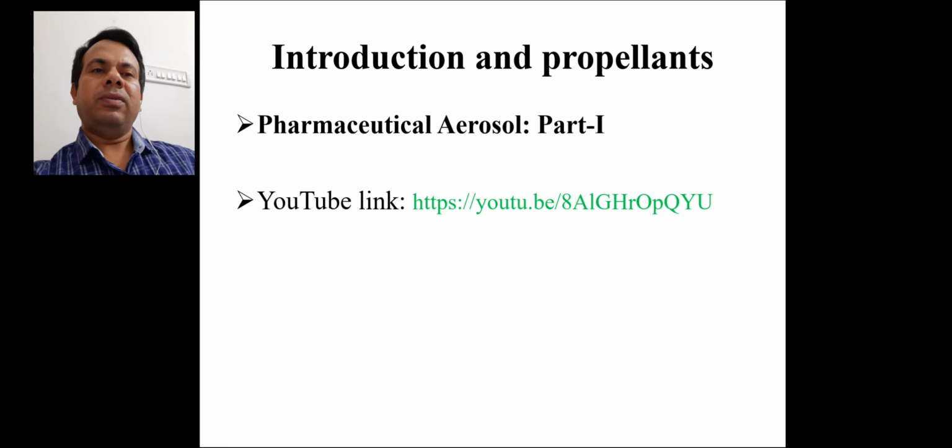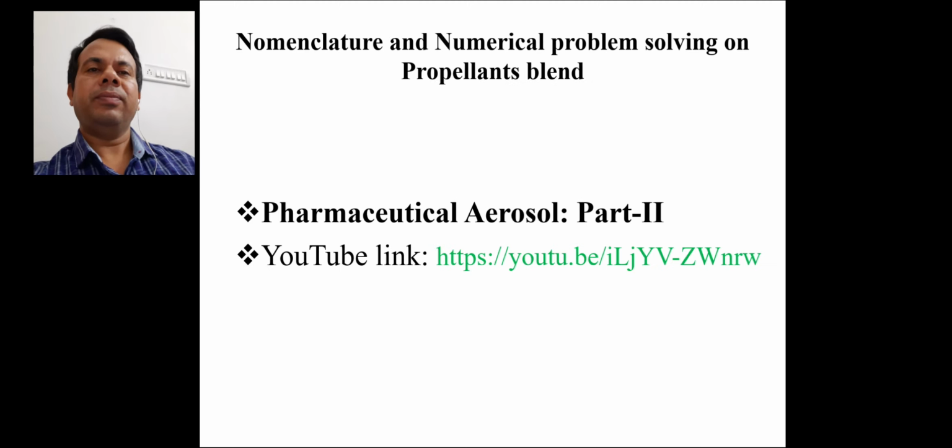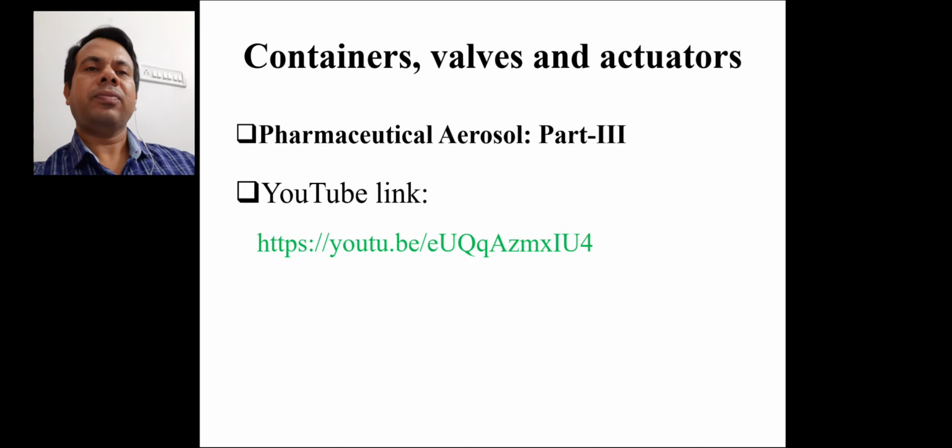Introduction of propellants is already discussed in part 1, and here it is the YouTube link of that part. Next is nomenclature and numerical problem solving on propellant blend. This part is already discussed in part 2, and the YouTube link is given here. Next is container, valve and actuator.